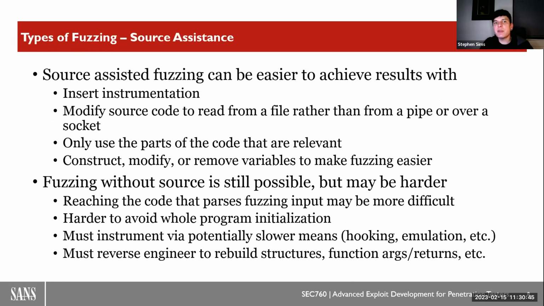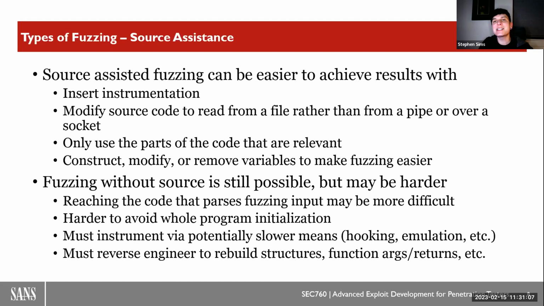Source assisted fuzzing, there's different types of fuzzing out there. There's randomized, there's mutation fuzzing, intelligent mutation fuzzing, static fuzzing, symbolic execution fuzzing, source code assisted fuzzing versus when you don't have the code, like black box fuzzing.